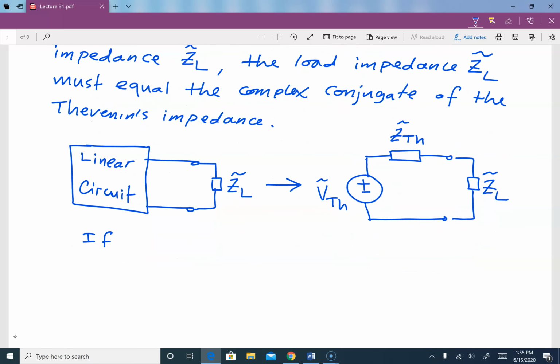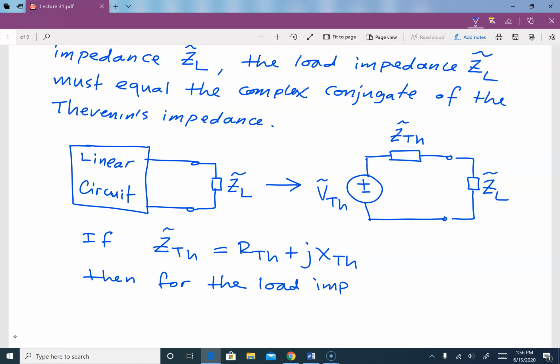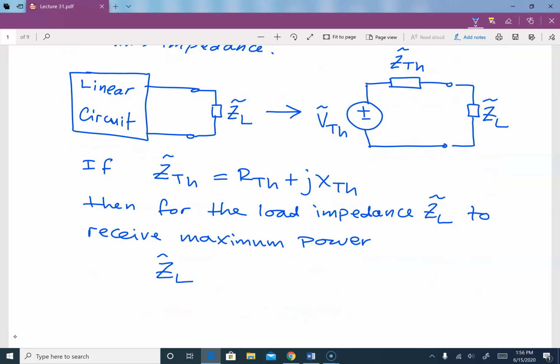So if Z Thevenin is equal to R Thevenin plus jX Thevenin, then for the load impedance ZL to receive maximum power, it should equal Z Thevenin conjugate.